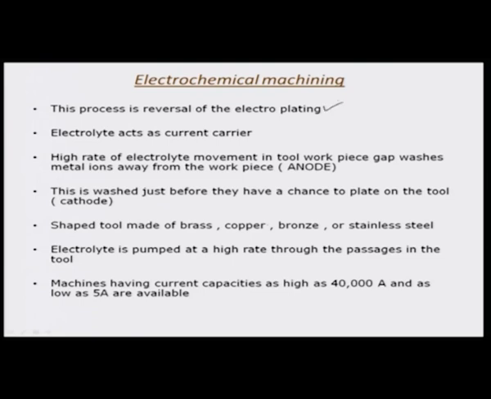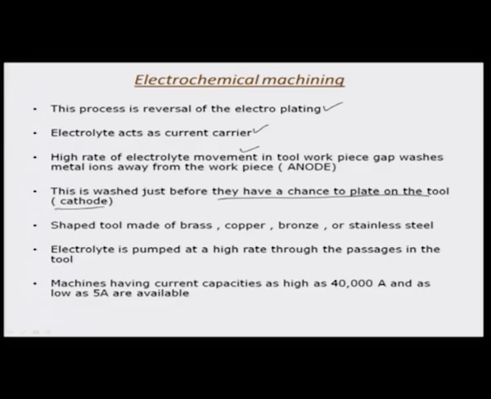Okay. The electrolyte acts as a current carrier, and there is a high rate of electrolyte movement in the tool workpiece gap, which washes away the metal ions which have been formulated as precipitates, and this is washed just before they have a chance to plate on the tool cathode.